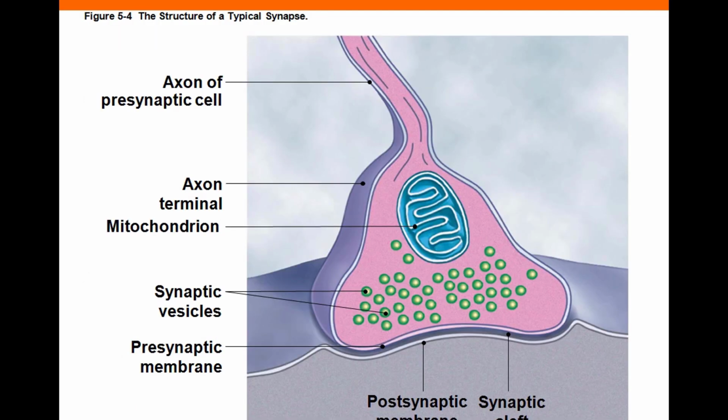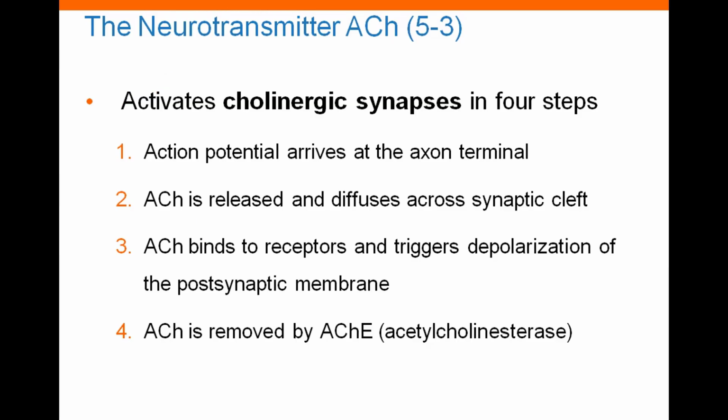Acetylcholine is released from vesicles located in the presynaptic membrane and diffuses across the synaptic cleft between the presynaptic and postsynaptic membrane. Acetylcholine binds to receptors and triggers depolarization of the postsynaptic membrane. Acetylcholine is then removed by acetylcholinesterase.